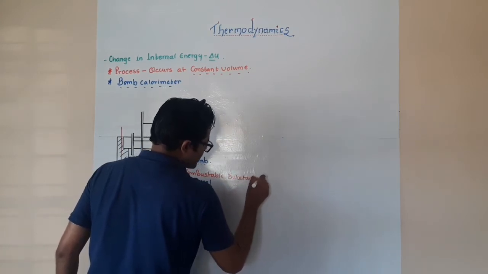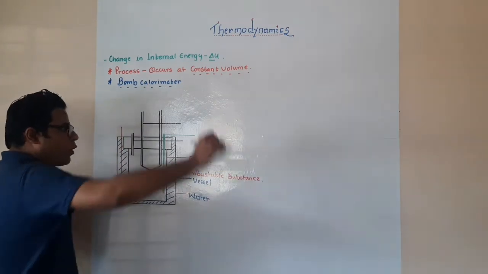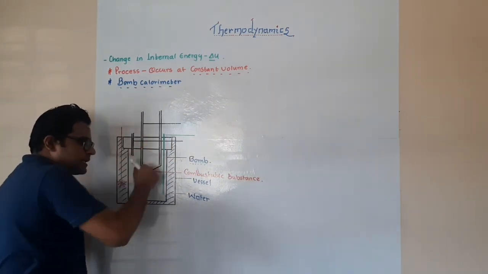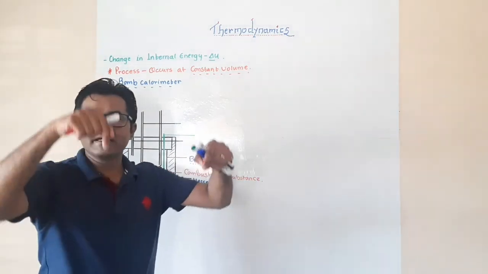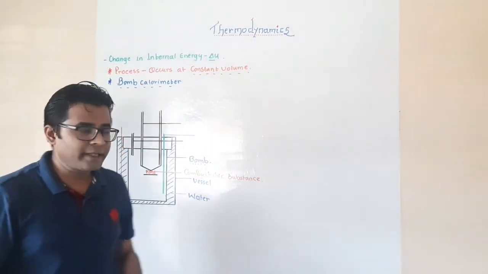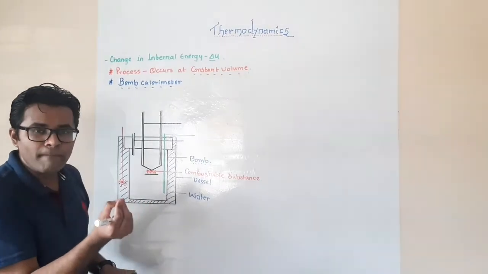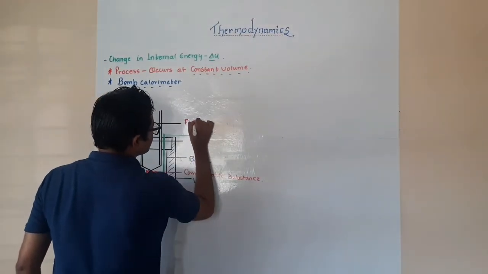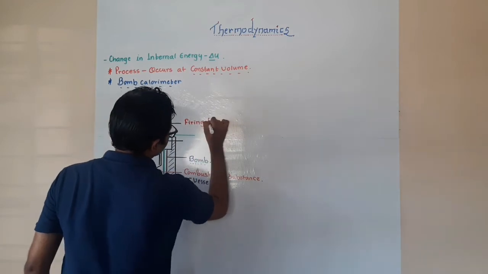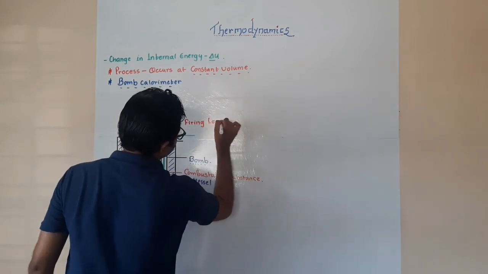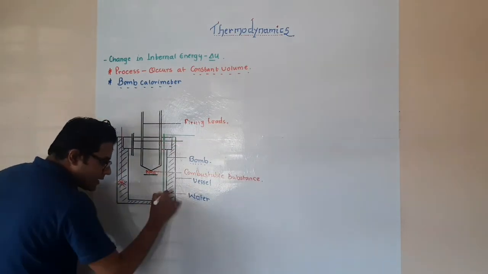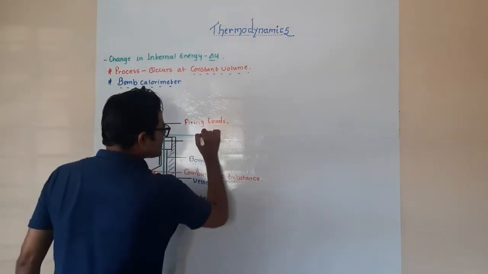I hope you can see that there are two lines connecting to this. These are actually the firing lids, which are responsible for burning.